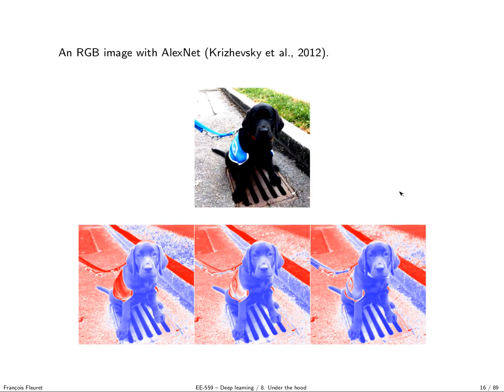If we move to ImageNet and feed it an RGB image, I probably messed up the order of the channels because this looks highly blue. So it's probably blue, green, red.